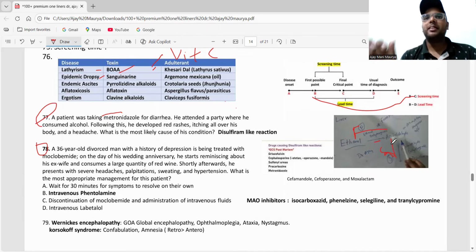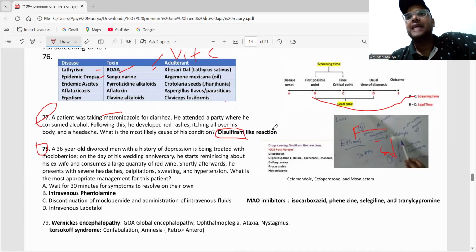So what happens? See here, disulfiram. Disulfiram is a drug of choice for alcohol withdrawal. This disulfiram will act where?